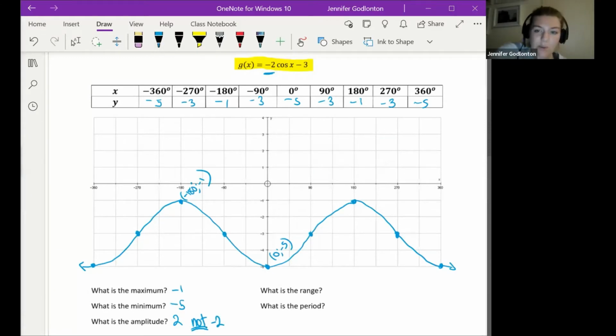Good. Square brackets. Excellent. Square brackets because we are including negative 1 and we are, oh, I've written it the wrong way around. Minimum negative 5, maximum negative 1. So if you wrote negative 1 first, be careful, always the minimum first and then the maximum. Please be careful with this.